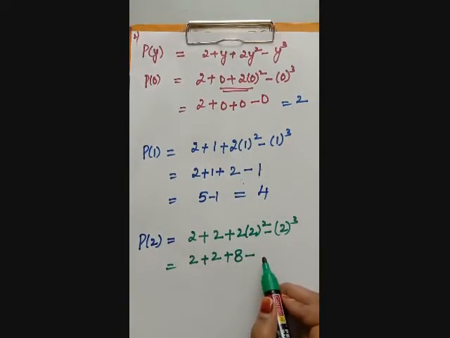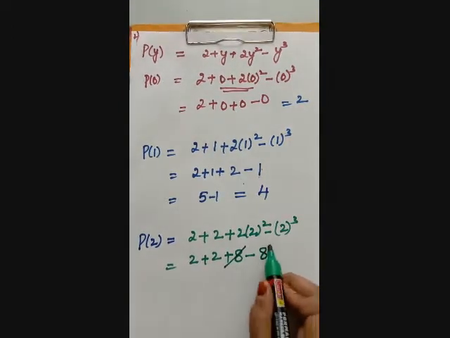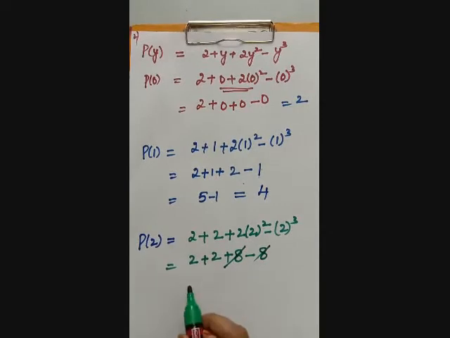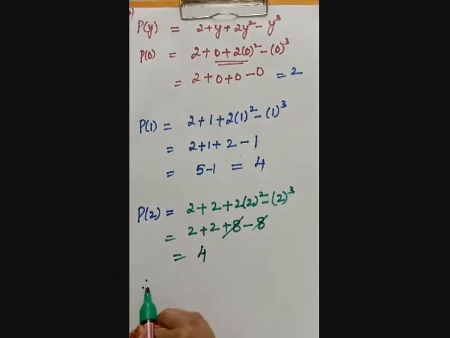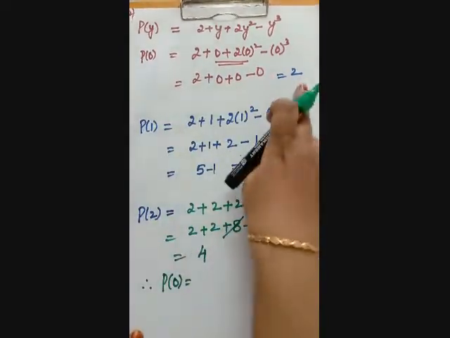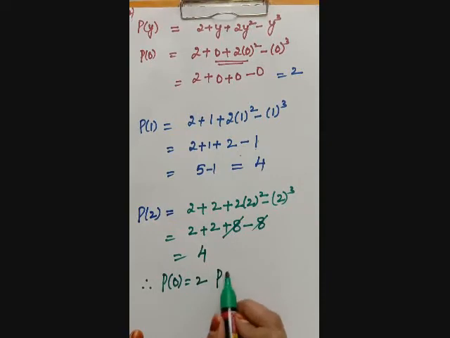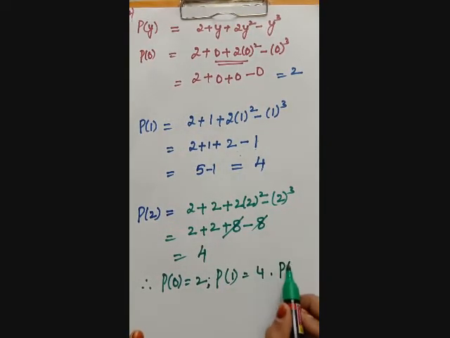So this is minus 8. Minus 8 plus 8 cancel and the answer is 4. Therefore, P of 0 is 2, P of 1 is 4 and P of 2 is 4.